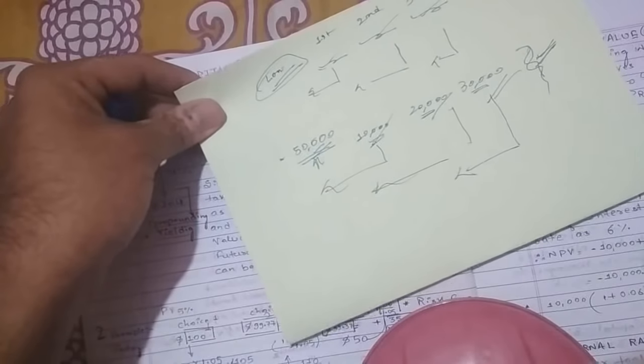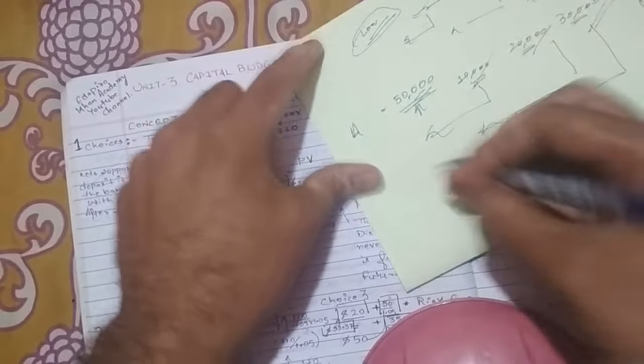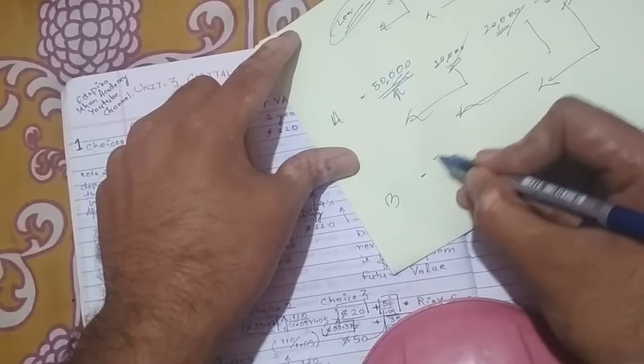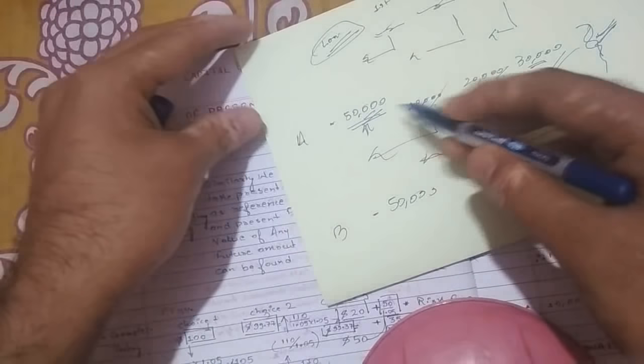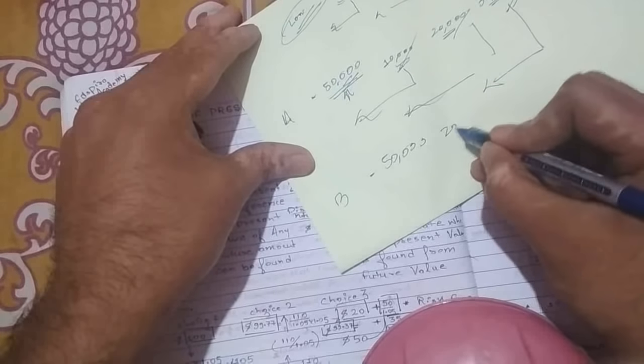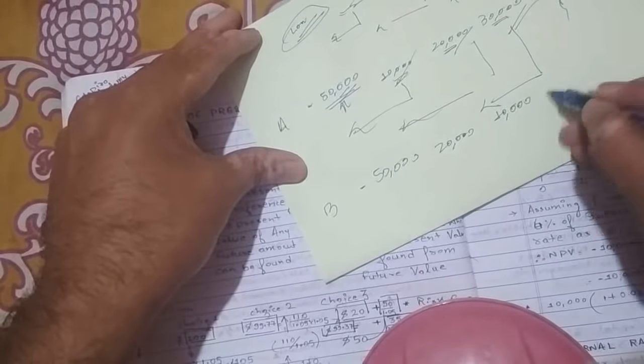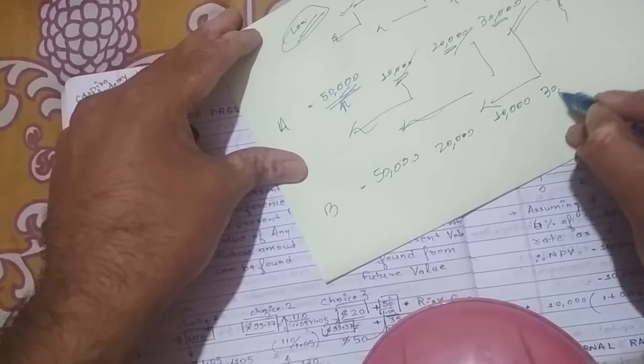They have two projects in hand and some money to invest, let's say 50,000. So it's project A and project B. In the first project they calculated that we are getting this much, and in the second project they are getting 20,000 in the first month, 10,000 in the second month and 30,000 in the third month.